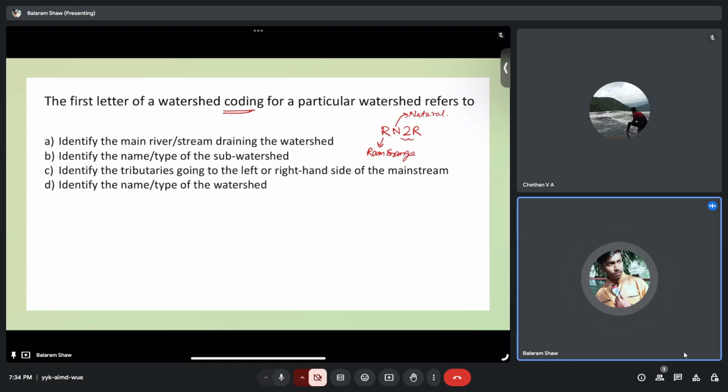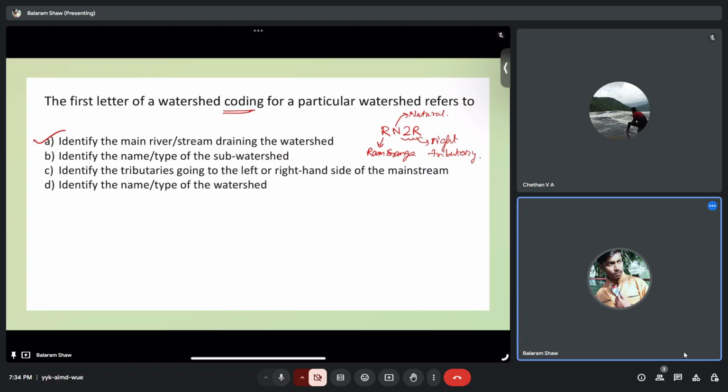So let's say if it is joining the mainstream from the left side, then we write L, or if it is joining from the right side, we write R. So this means a right tributary. So the question was, the first letter of a watershed coding for a particular watershed refers to: identify the main river or stream draining the watershed. The correct answer will be A.